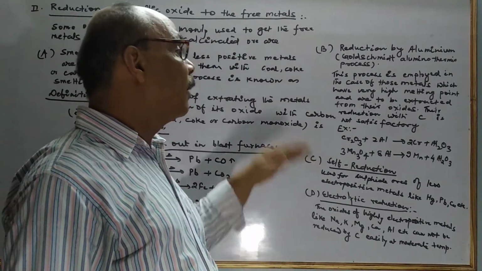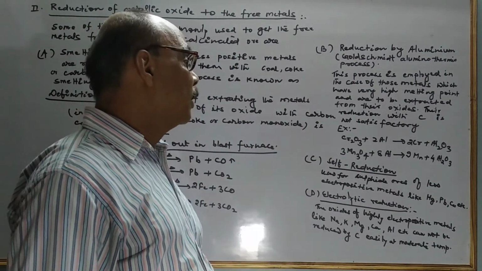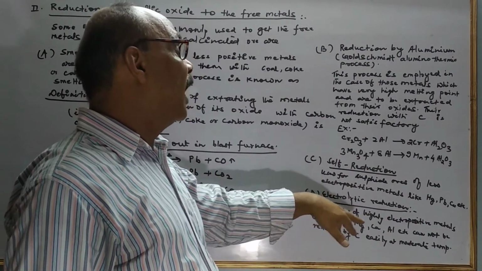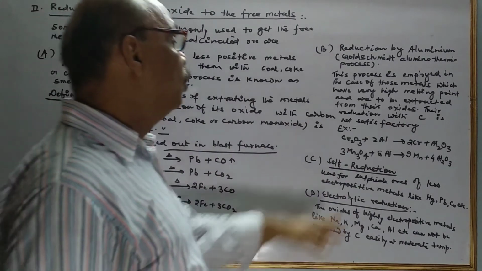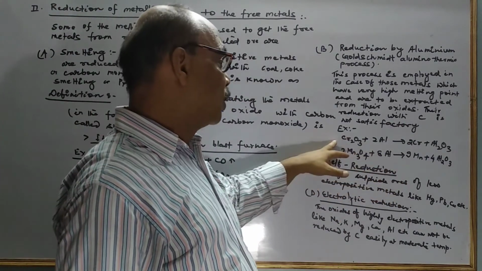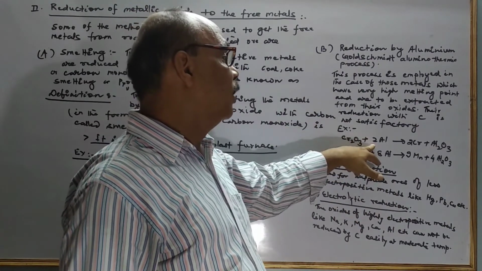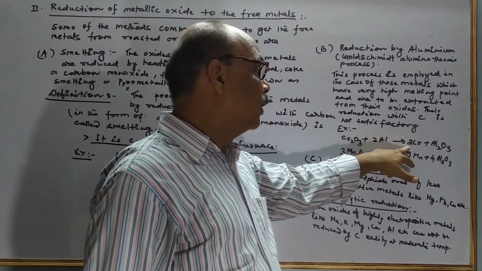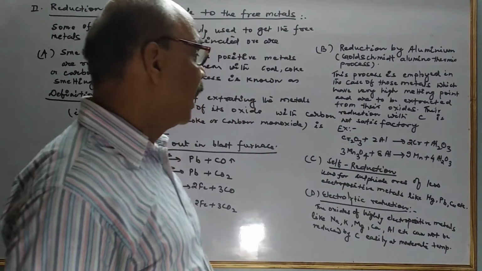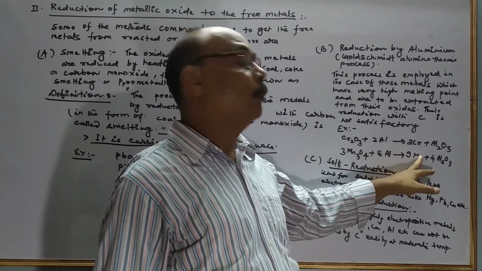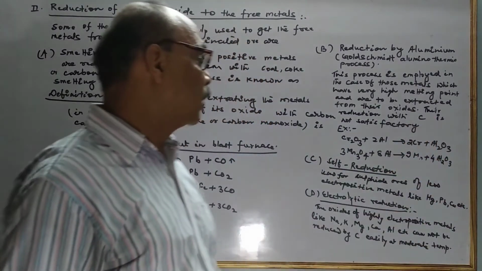So the carbon reduction process will not be suitable, and in place of carbon, we will have to take aluminum as a reducing agent. So see the reaction, what happened. Chromium oxide on reduction with aluminum gives crude chromium and aluminum oxide. Likewise, manganese oxide on reduction with aluminum gives crude manganese and aluminum oxide.